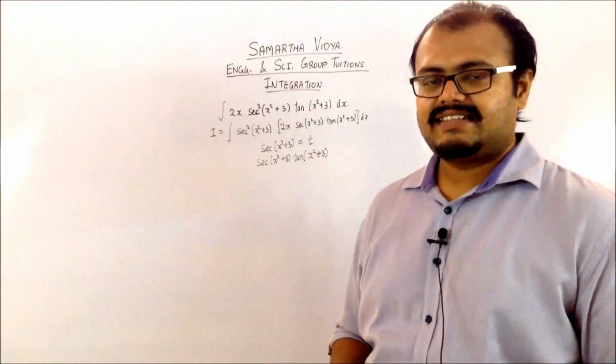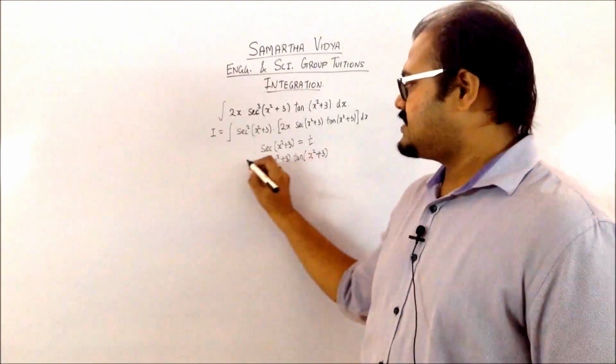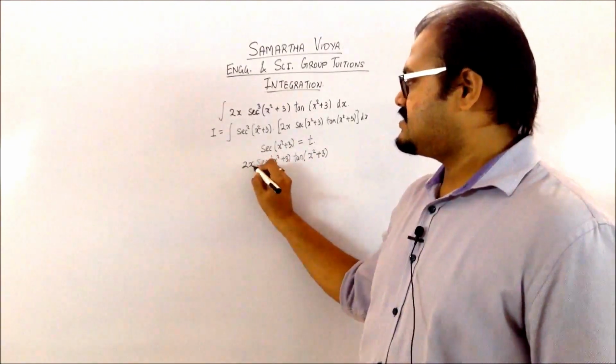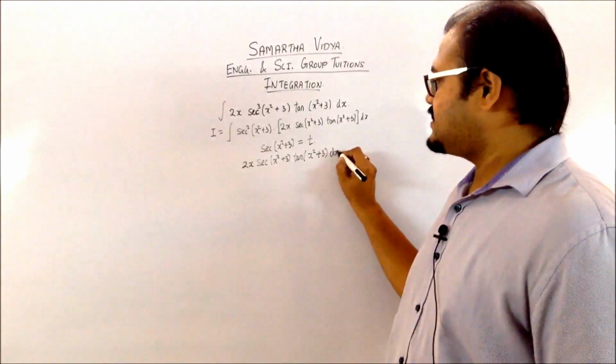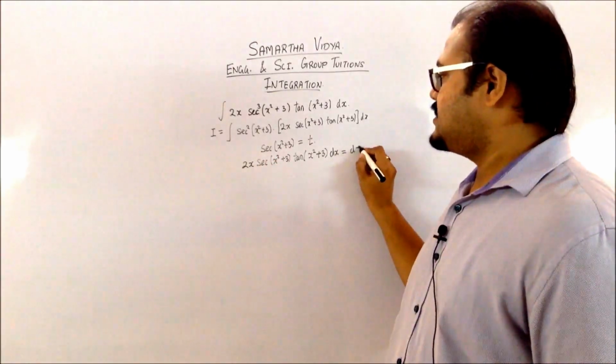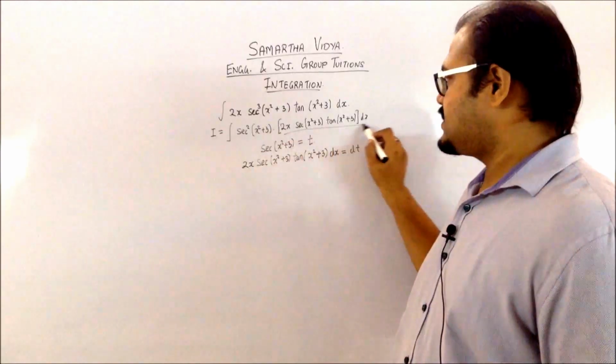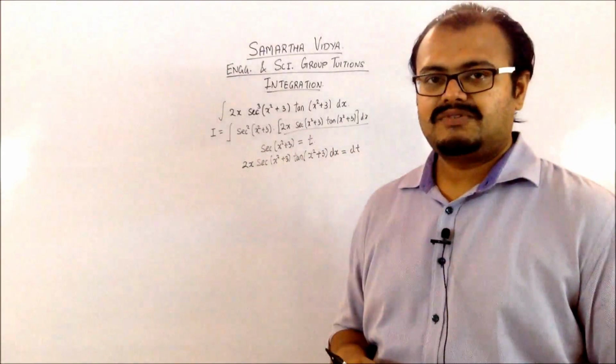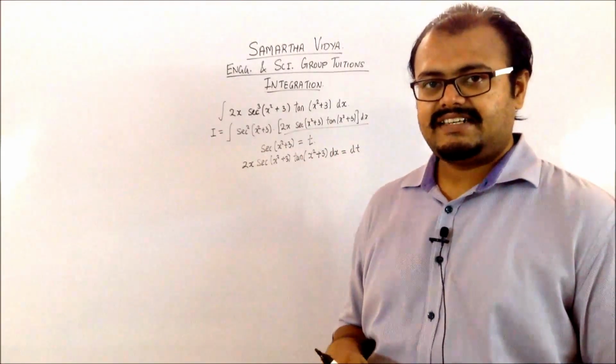You can see that there is an x square plus 3 present, so the derivative of x square plus 3 is going to be 2x dx. This thing is equal to dt. So you can see that this whole big term has been removed and substituted as dt.